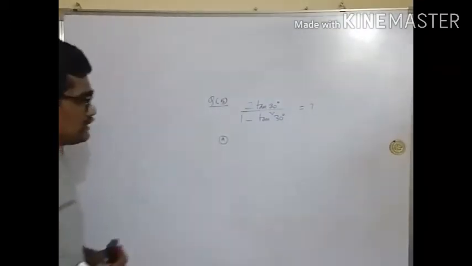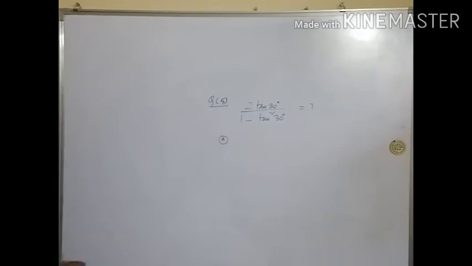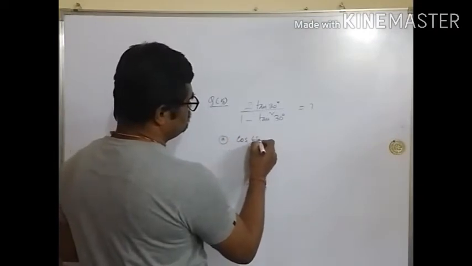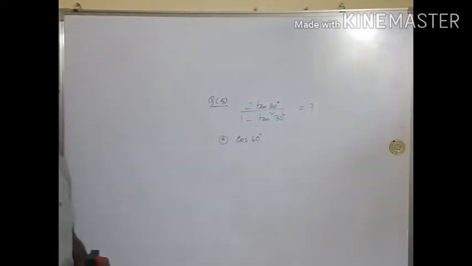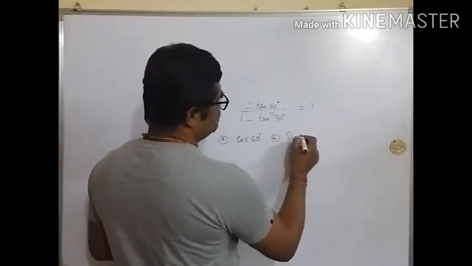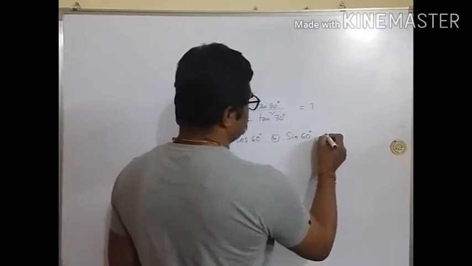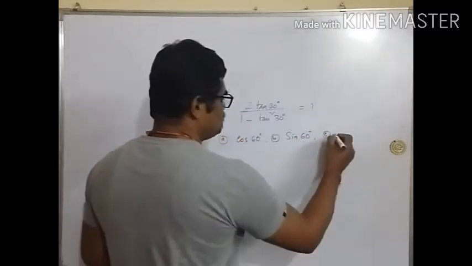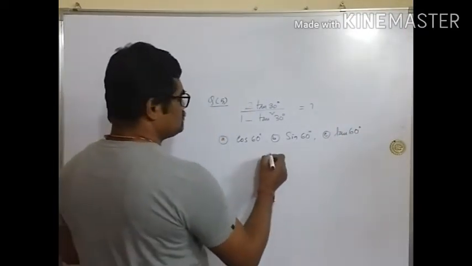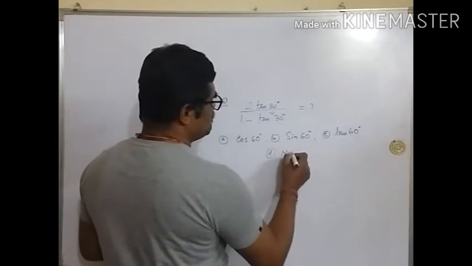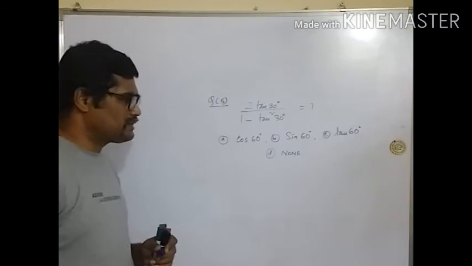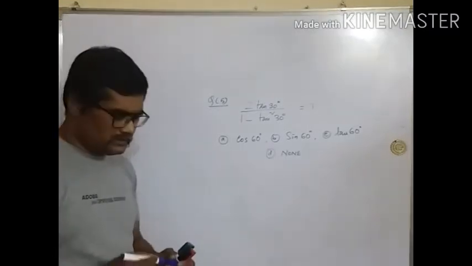Your options are A cos 60 degree, B sin 60 degree, C tan 60 degree, and D none of this. I am writing none only for this. Okay? So when you will appear in the exam, they will write completely none of this or none of the above.